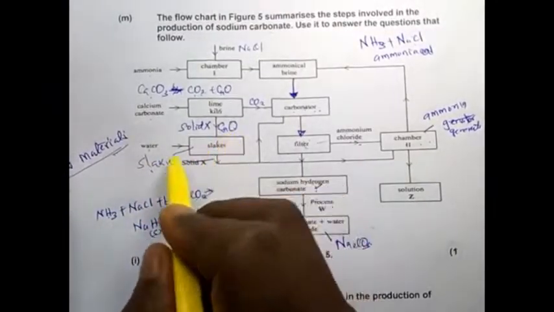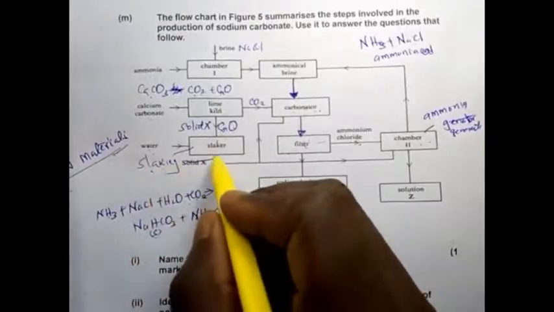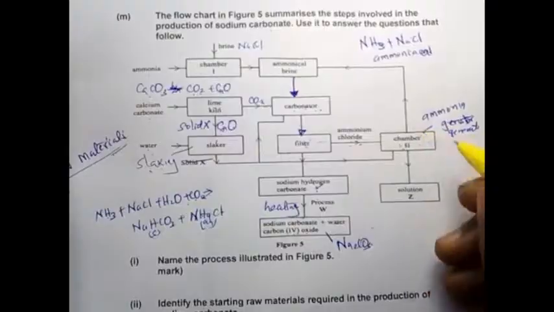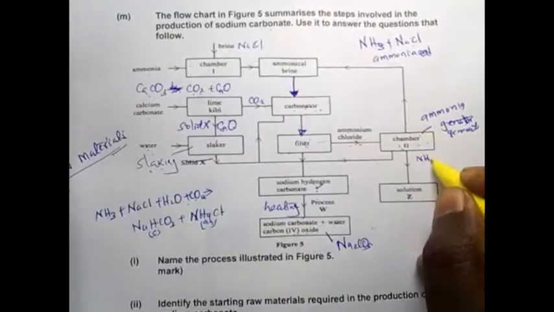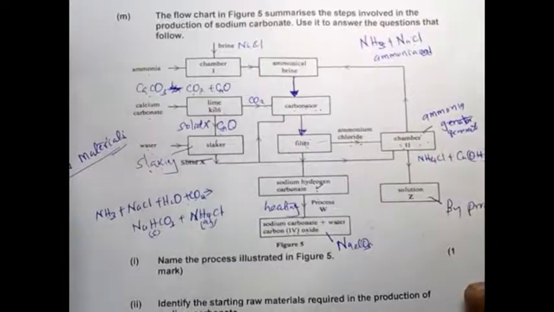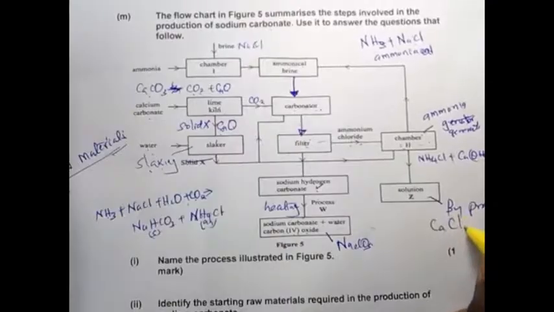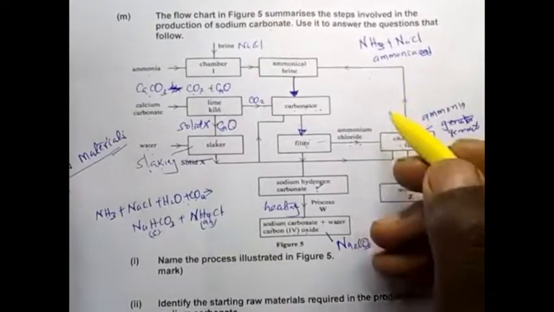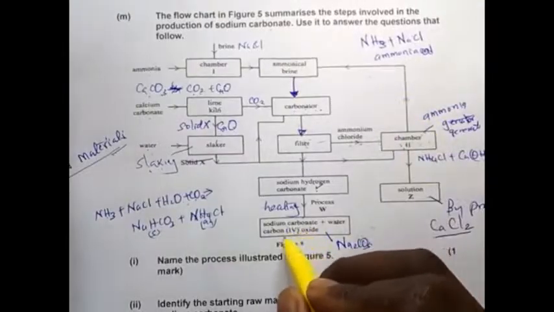Calcium oxide plus water is called slaking, and it forms calcium hydroxide. Then the ammonium chloride combines with calcium hydroxide. The byproduct is calcium chloride. The water is recycled, and so is the carbon dioxide obtained.